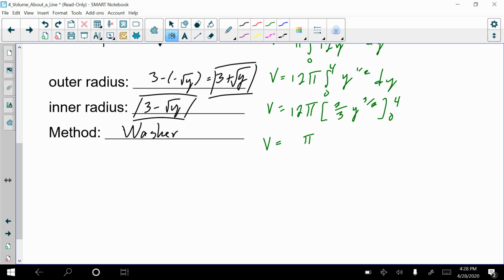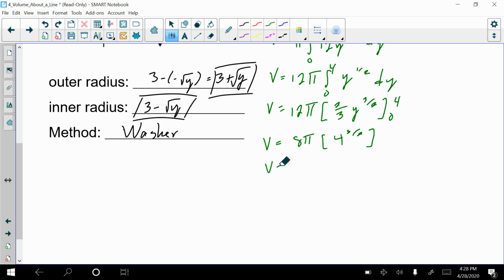So that would be 8 pi here, and we would just substitute the y, so that'll be 4 to the 3/2 power. And substituting 0 is just going to make everything 0. And let me just try to clean up my handwriting here. There we go.